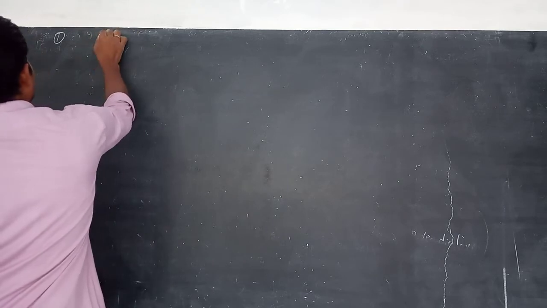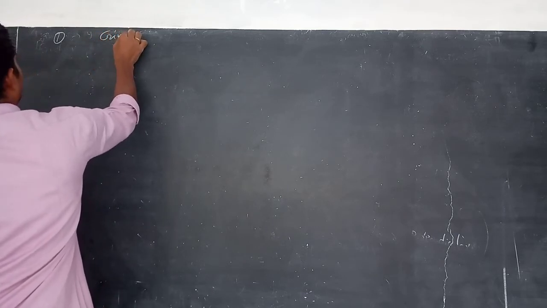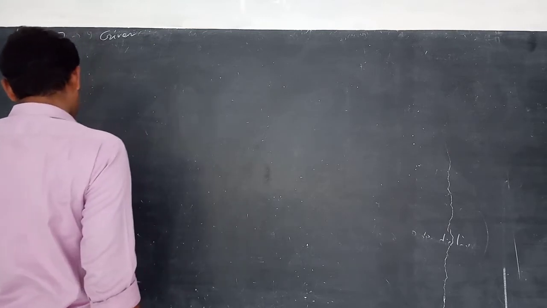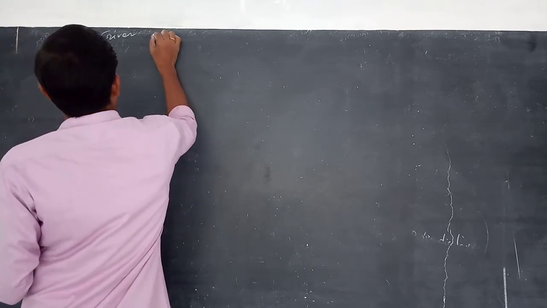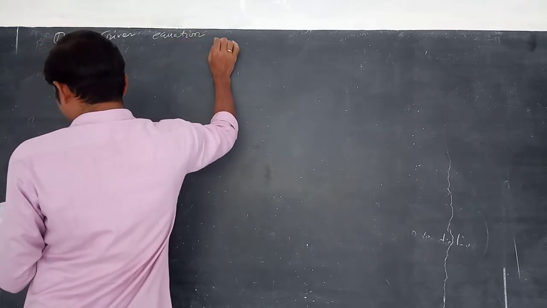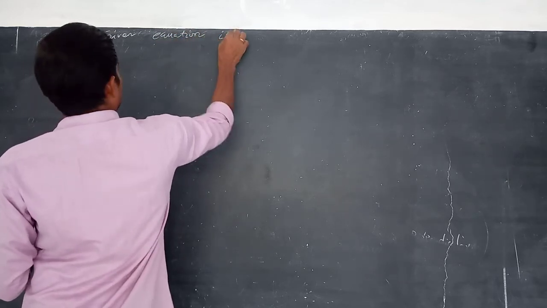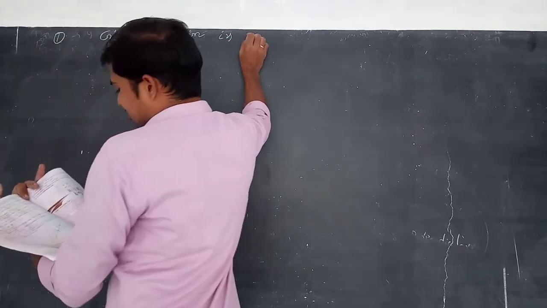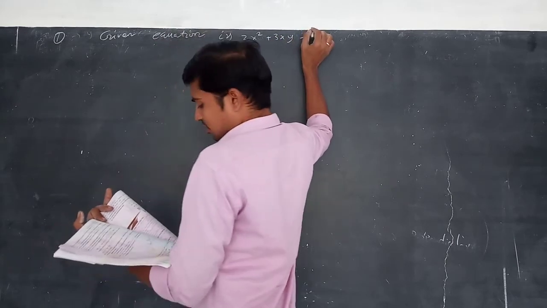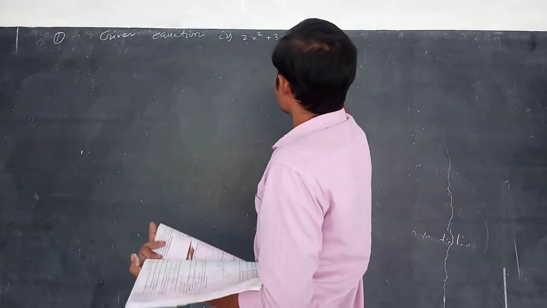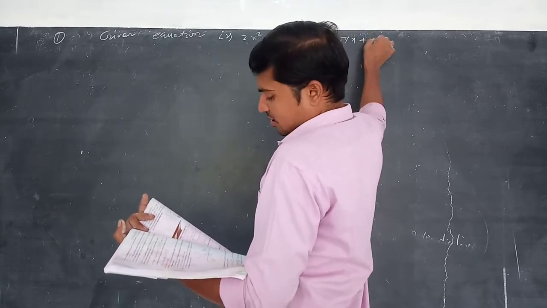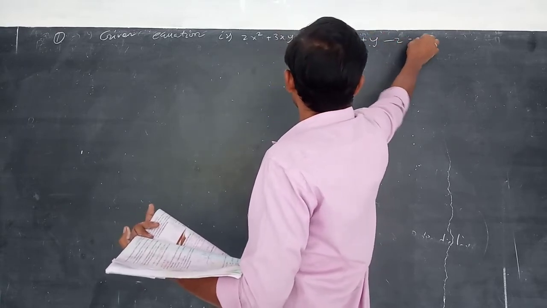Given equation is 2x square plus 3xy minus 2y square minus 7x plus y minus 2 equal to 0.